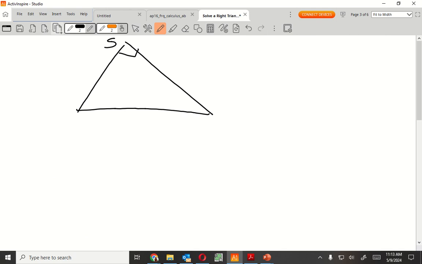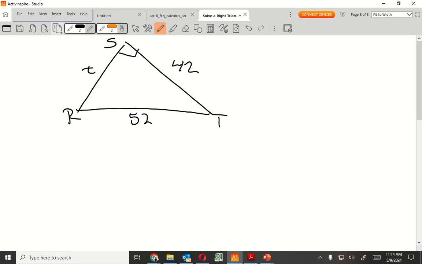So 42 is down here, 52 is down there. 52, this one is R, or T, 42? A little t, right? Okay, very good.